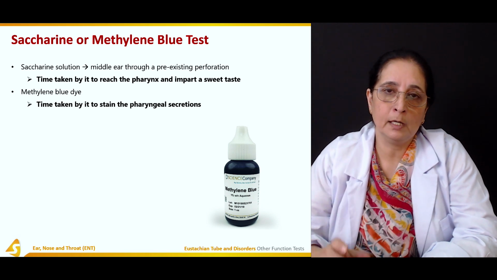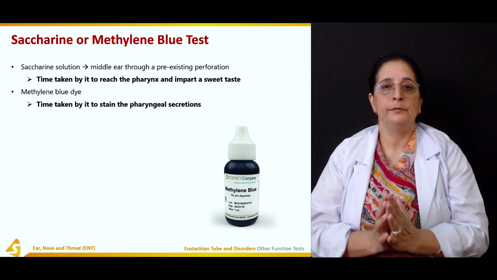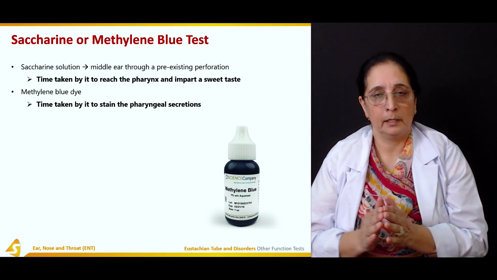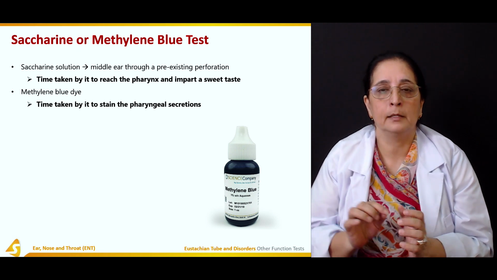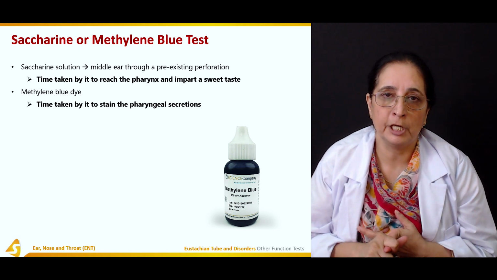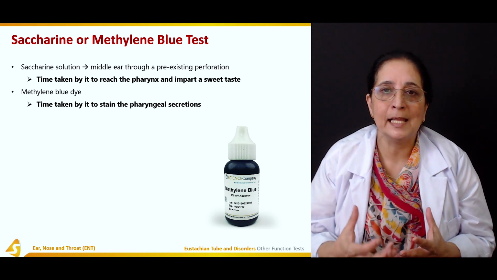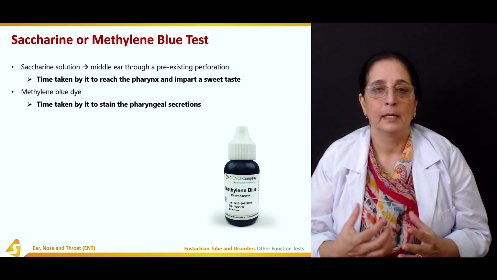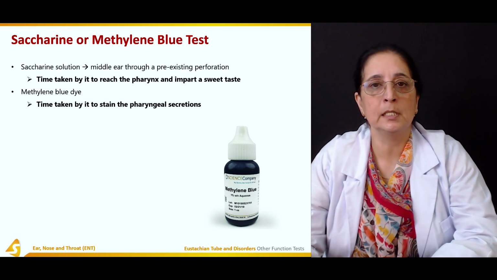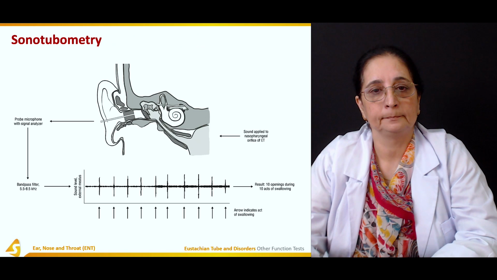In the first one, a dye is injected and then an x-ray is taken to find out if there is any obstruction and how much it delineates the Eustachian tube. In the other test, we inject the saccharin solution and note the time taken to feel the sweet taste in the mouth or throat. In the methylene blue test, we note the time it takes to color the pharyngeal secretions.